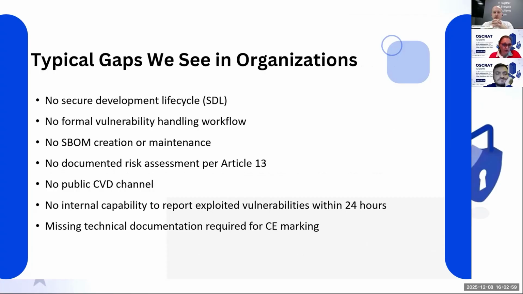For example, no secure development lifecycle, no formal vulnerability handling workflow, no SBOM or software bills of materials creation or maintenance, no documented risk assessment according to Article 13, or no public coordinated vulnerability disclosure channel, no internal capability to report exploited vulnerabilities within 24 hours, or missing technical documentation required for CE marking.